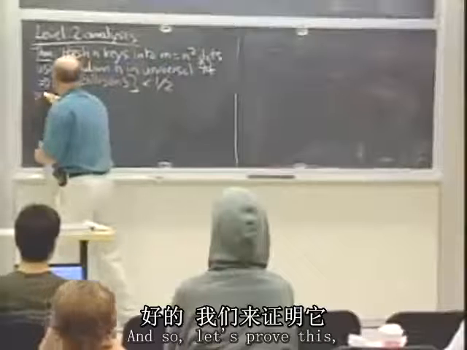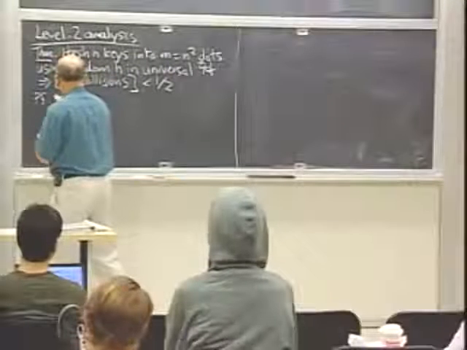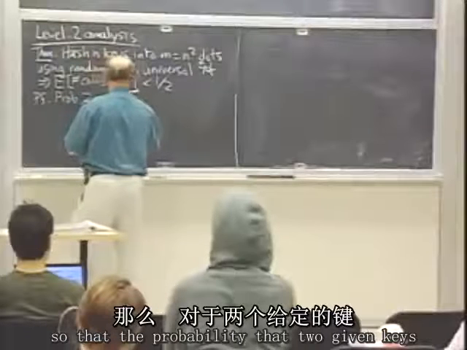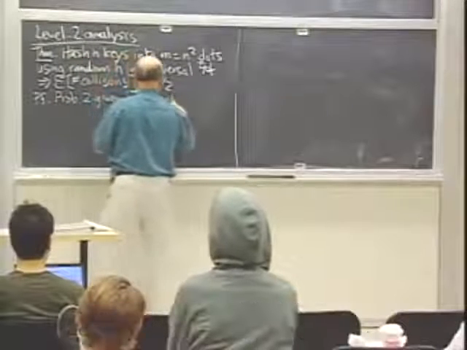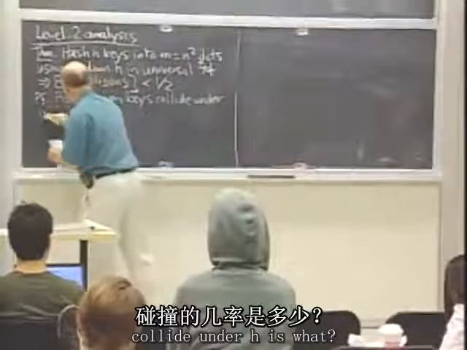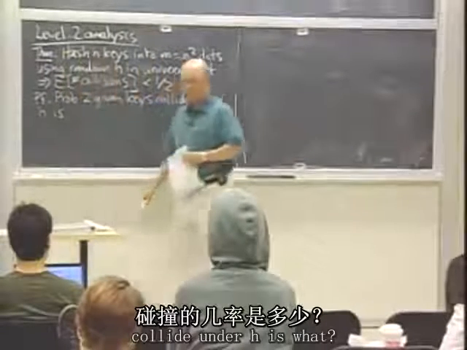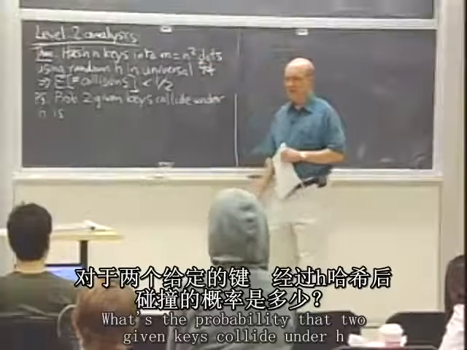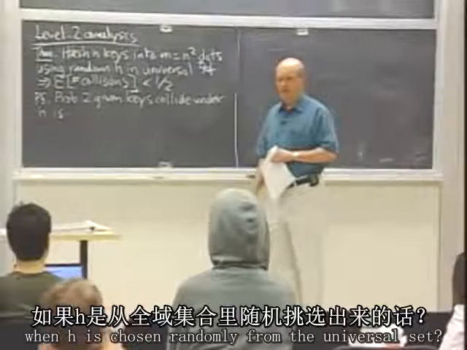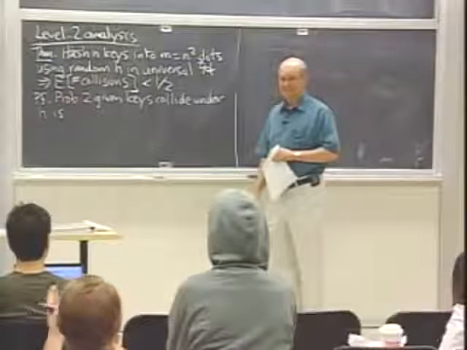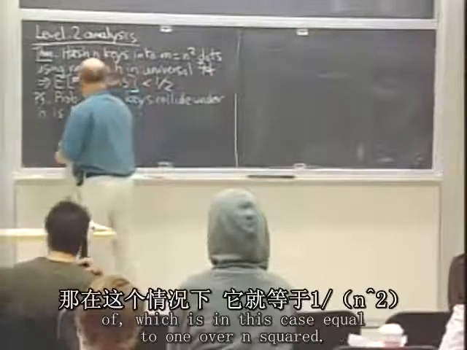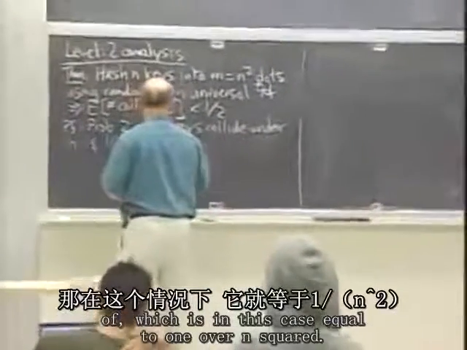Okay, and so let's prove this. So the probability that 2 given keys collide under H is what? What's the probability that 2 given keys collide under H when H is chosen randomly from the universal set? 1/m, right? That's the definition, right, which is in this case equal to 1/n squared.